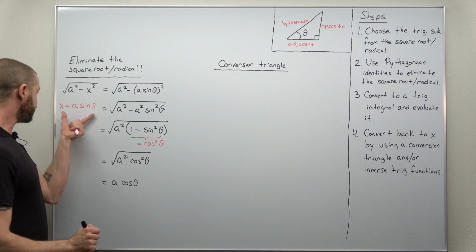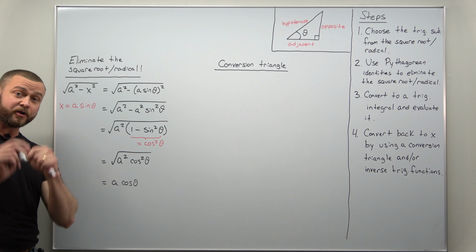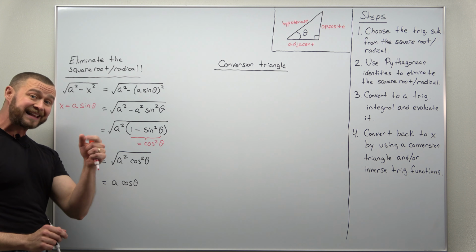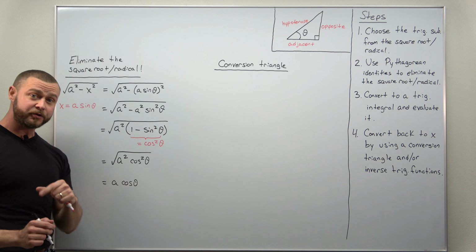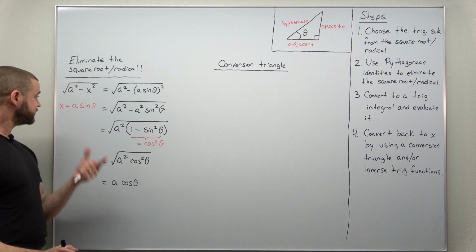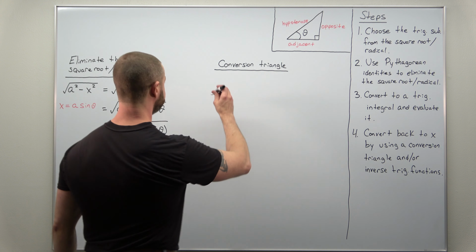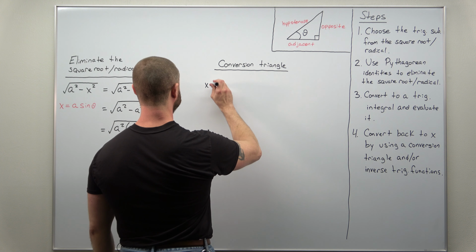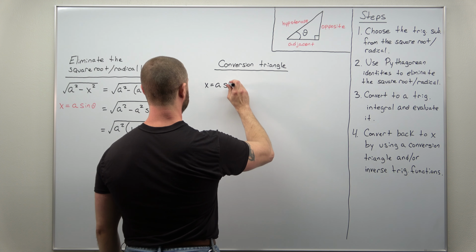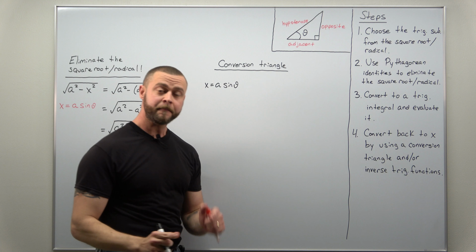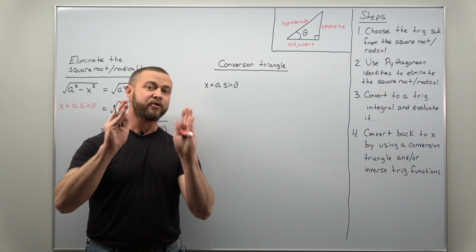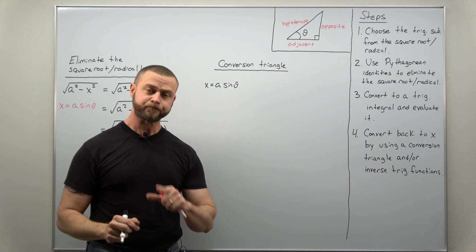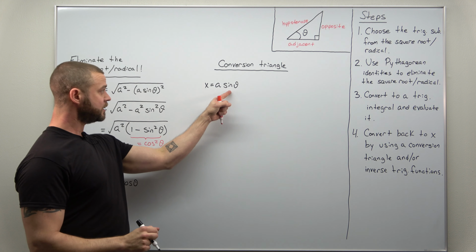Now with our substitution, we're also going to create the conversion triangle, which is going to, at the end, allow you to convert from theta or functions of theta back to the original variable x. So let's start with our trig substitution, x equals a times sine of theta. And we're going to rely on just basic right triangle SOHCAHTOA. So let's solve this for sine theta.